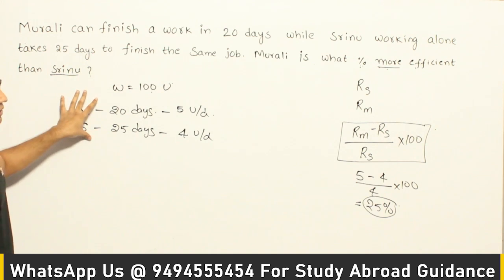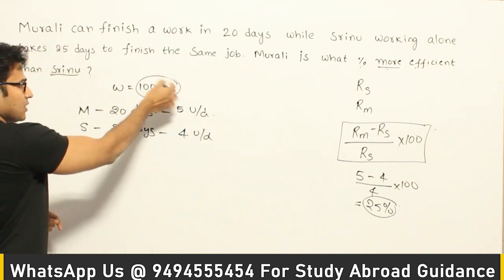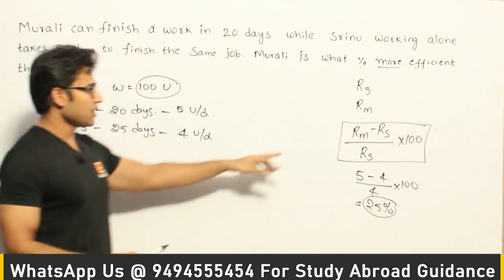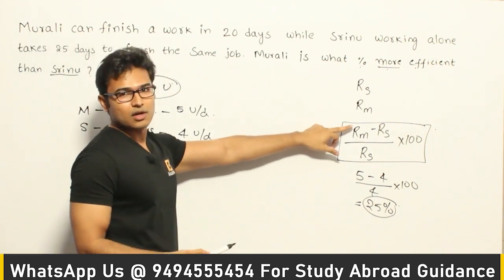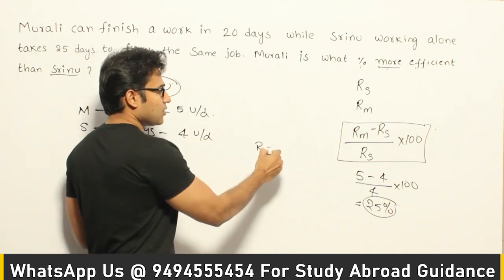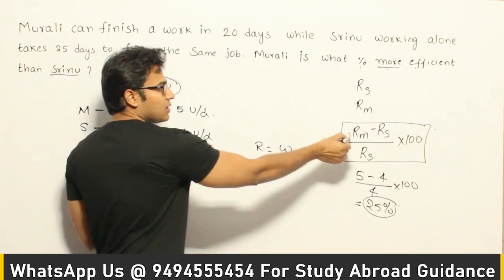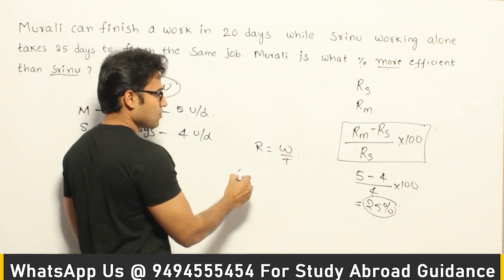Otherwise, why did I say that the initial imagination of 100 units doesn't matter? If you try to convert this rate into time, you'll get this. Rate is equal to work divided by time, isn't it? Now you can substitute here.